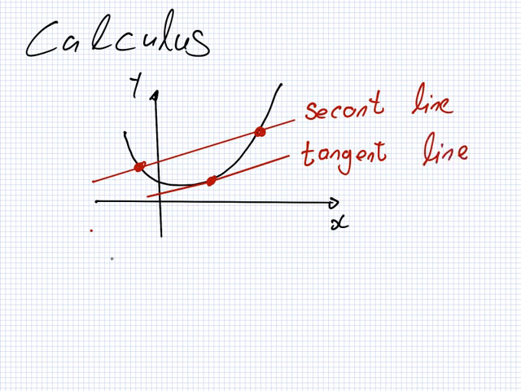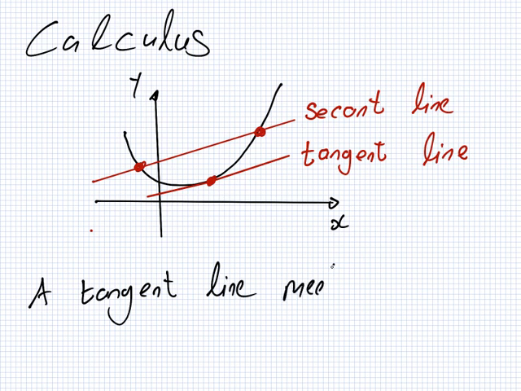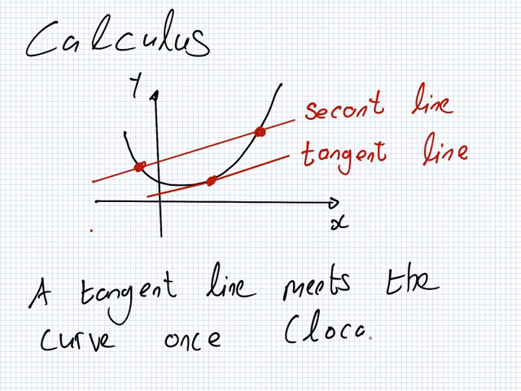So the difference, or rather, to make it clear, a tangent line meets the curve once. Locally. What do I mean by that?